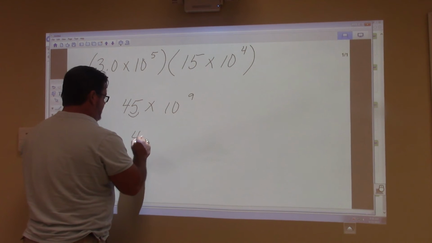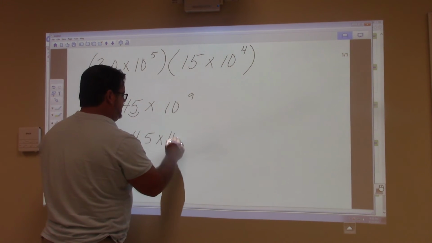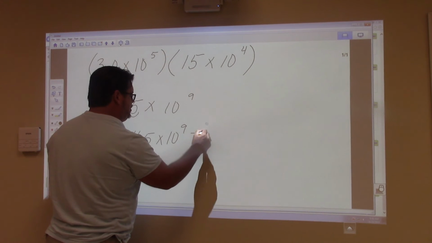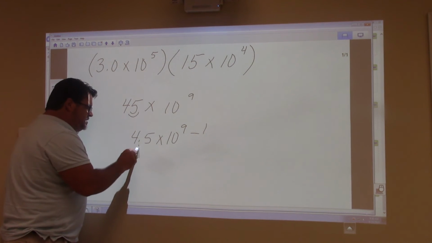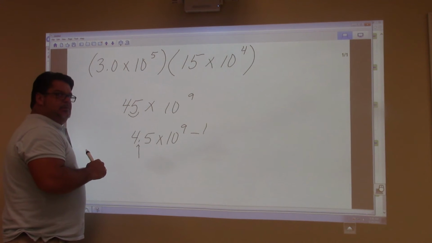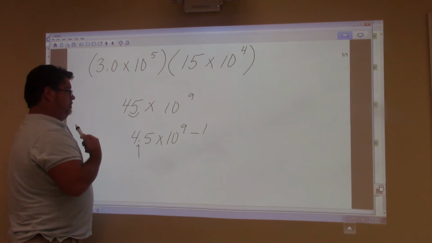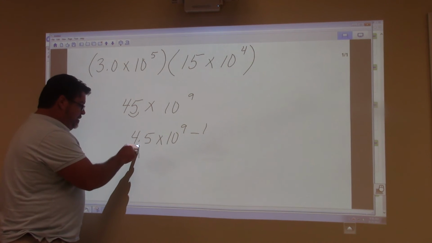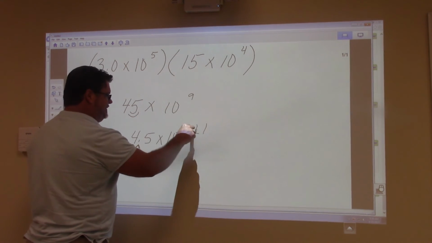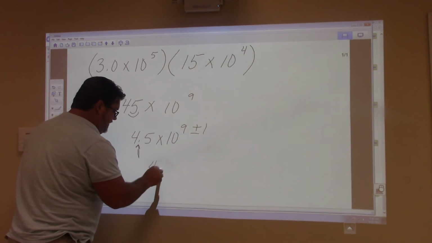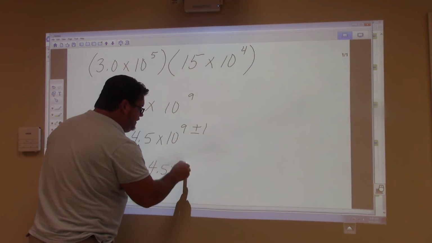So 4.5 times 10 to the 9th, blank 1. Which way did I move this decimal to get back the way it was in my head? To the what? Which way did I move this decimal in my head? And your answer is 4.5 times 10 to the 10th power.